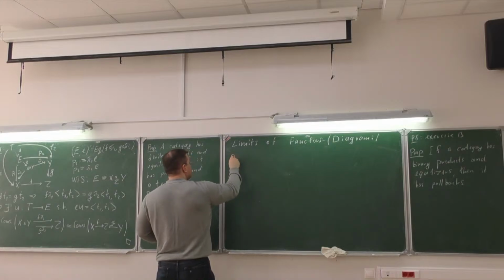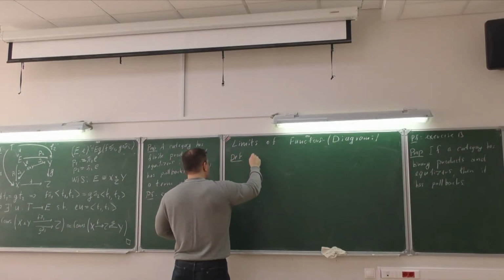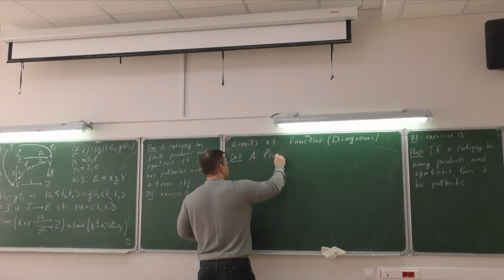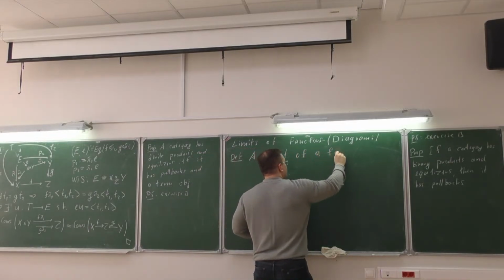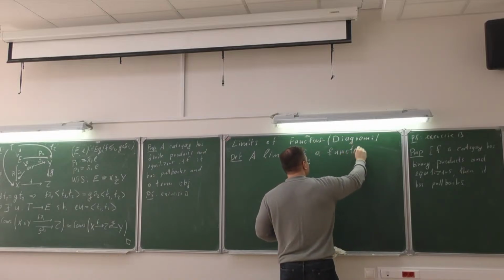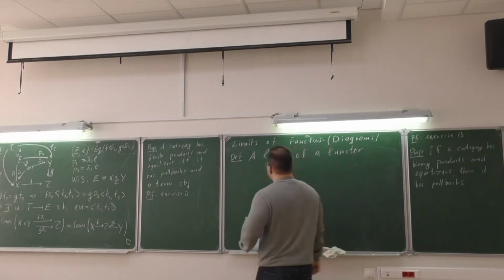So definition: a limit of a functor, so let's call this functor D.